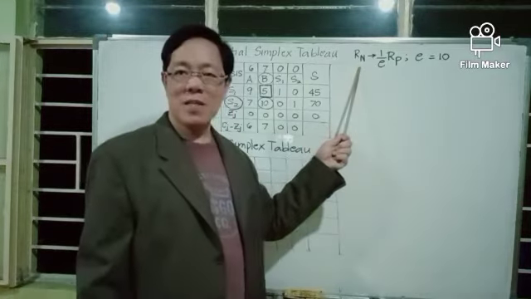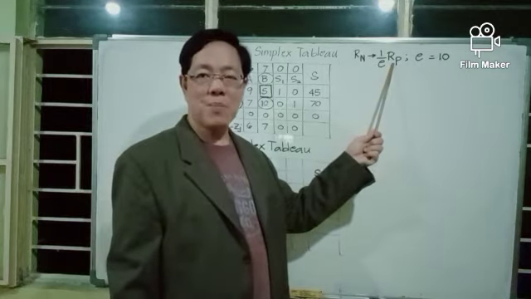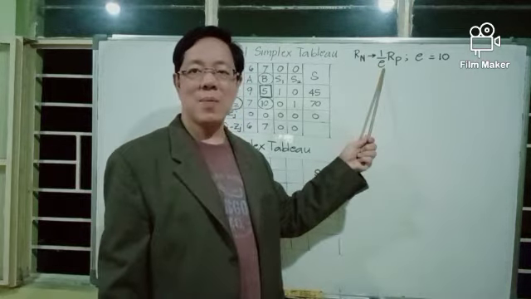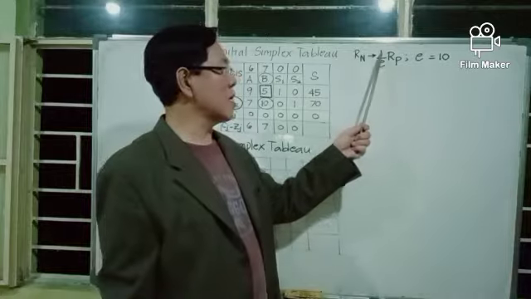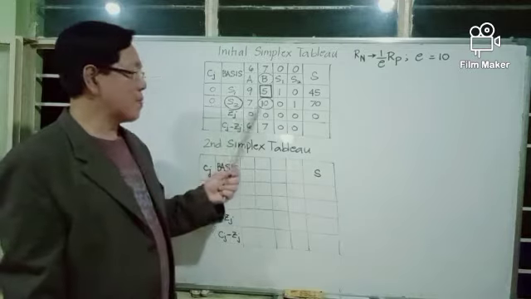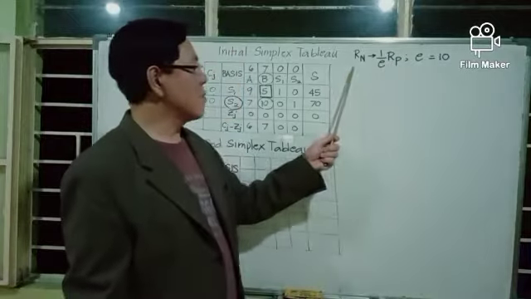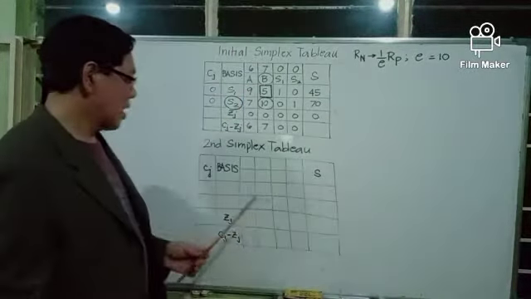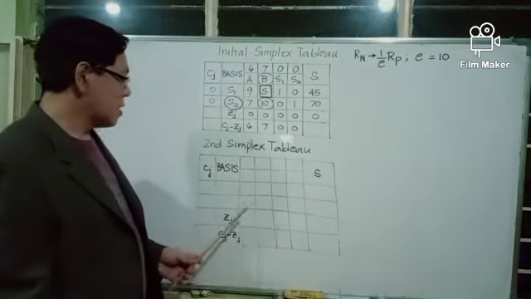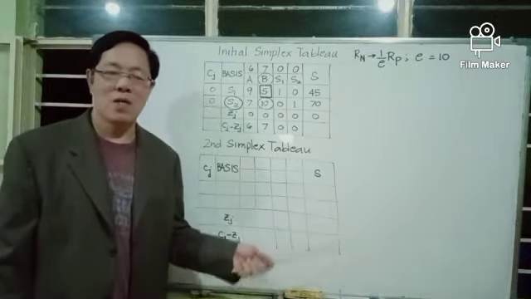And the entries of the new pivot row can be obtained by multiplying the old pivot row R sub P by the reciprocal of E, where E is the pivot element and its reciprocal is 1 over E. In our particular example, the pivot element to be changed to 1 is 10. E is 10. And we perform this operation for us to know the entries of the new pivot row. In the second simplex tableau, this column remains the S column or the solution column.